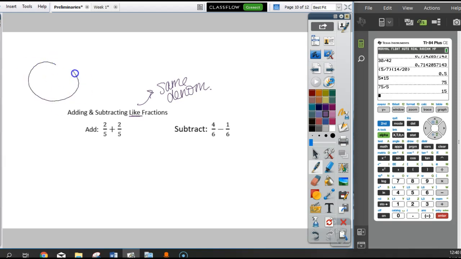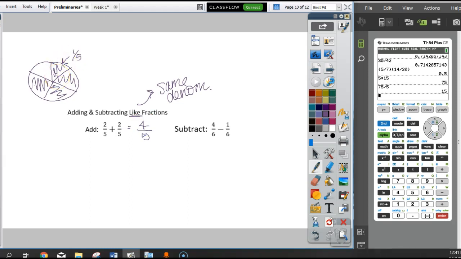So if I think of what 1/5 means, and this is not going to be even by any means, 1, 2, 3, 4, 5. So one of these represents 1/5. So if I have 2/5 added to another 2/5, it's easy to combine and see, well, that gives us 4/5.